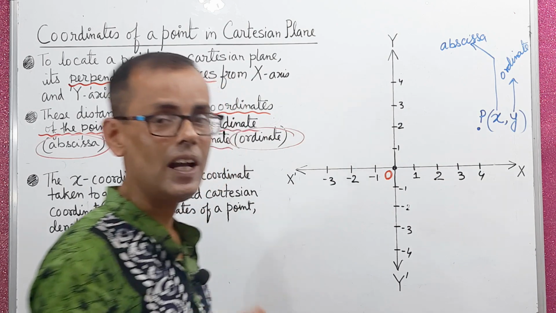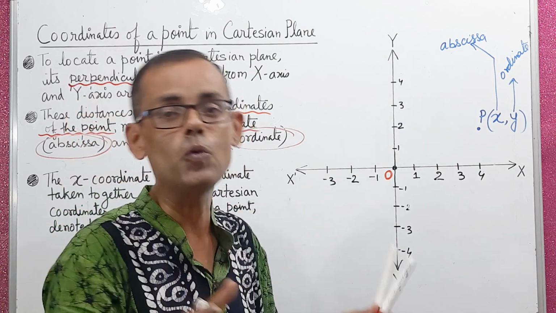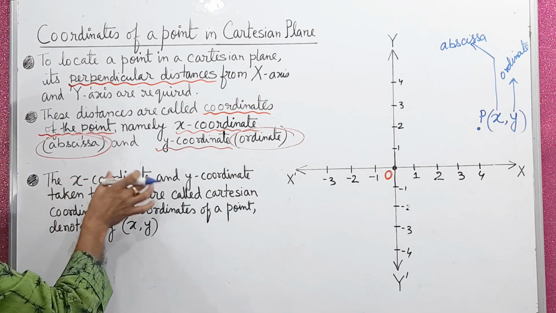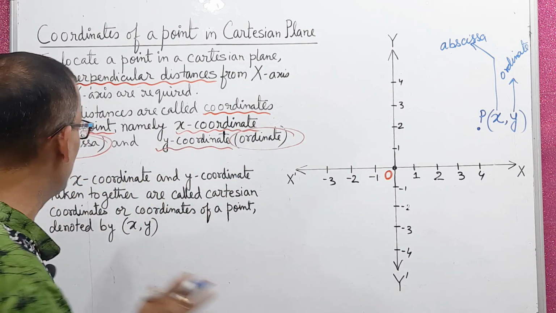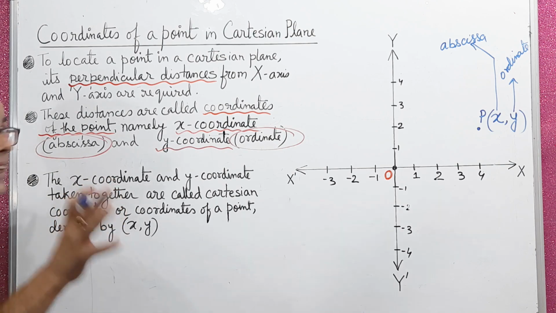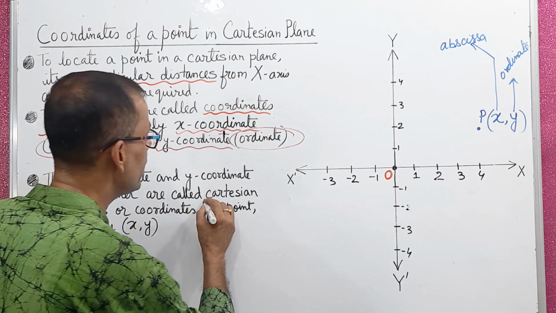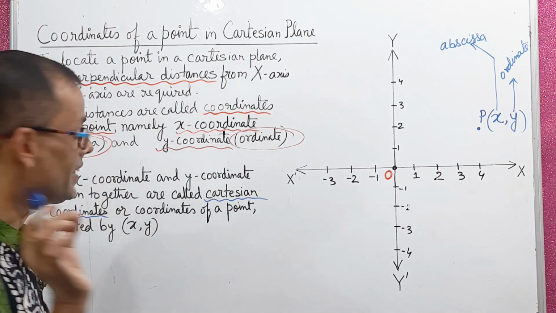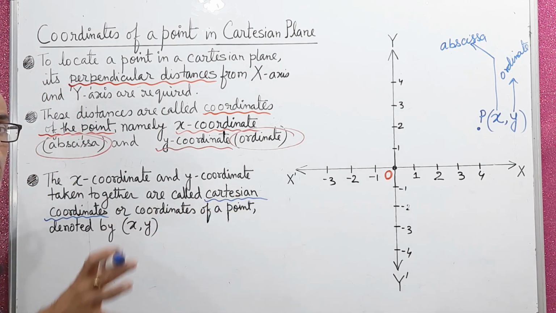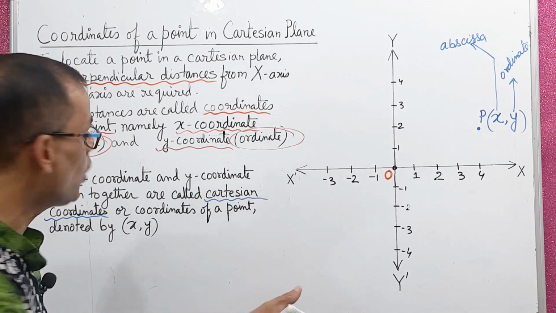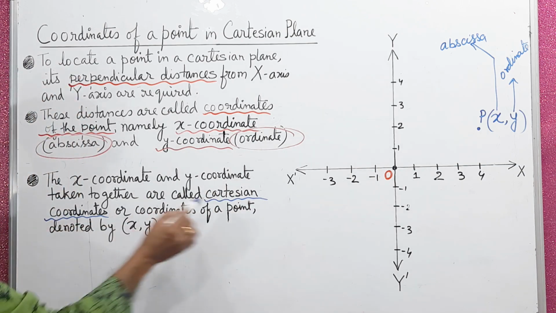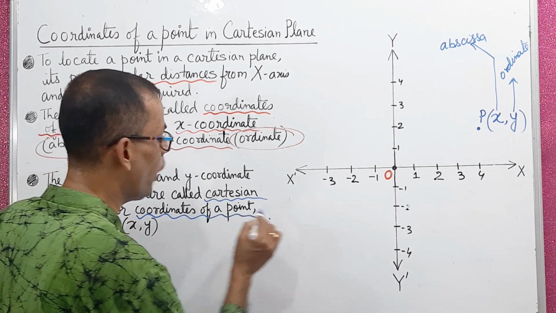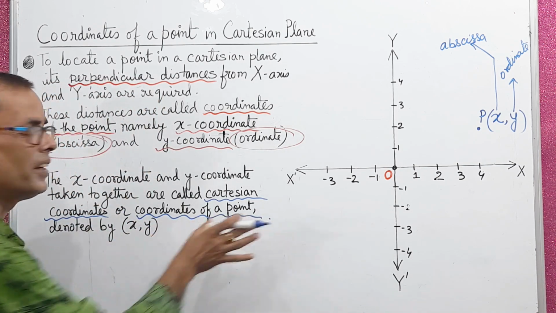First one is abscissa and then ordinate, and together we say coordinates. When we take the x coordinate and y coordinate together, it is called Cartesian coordinates. You have to know this name: Cartesian coordinates, or the easy one, coordinates of a point.